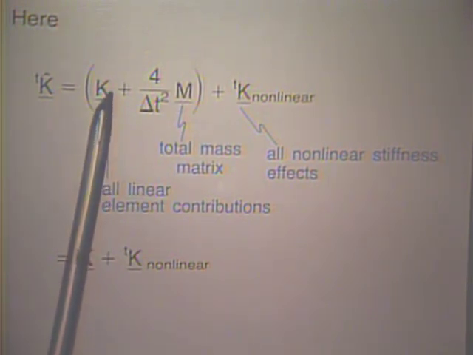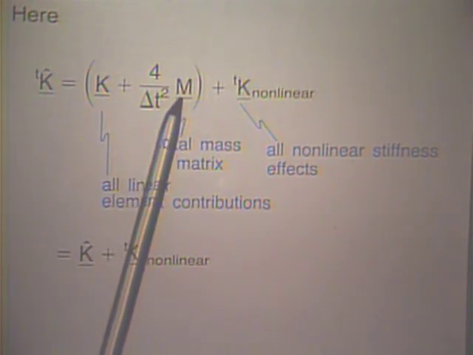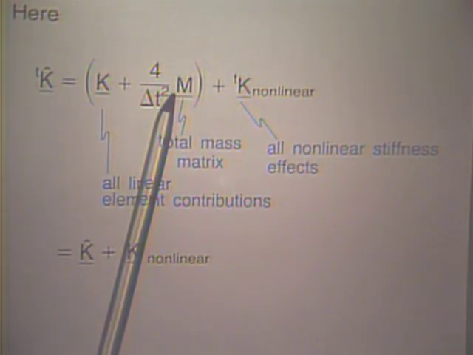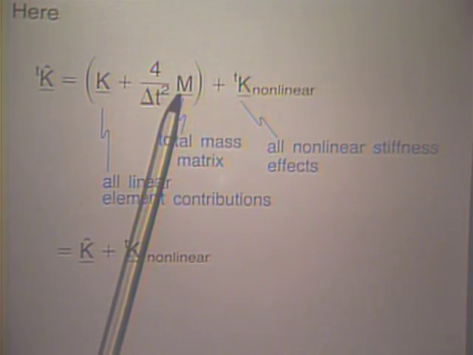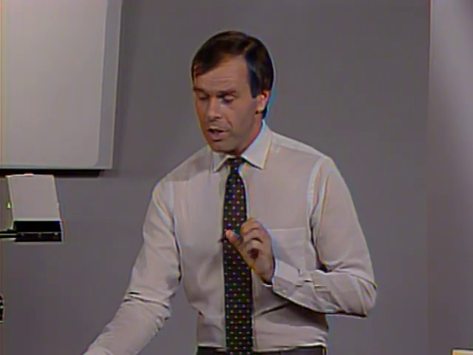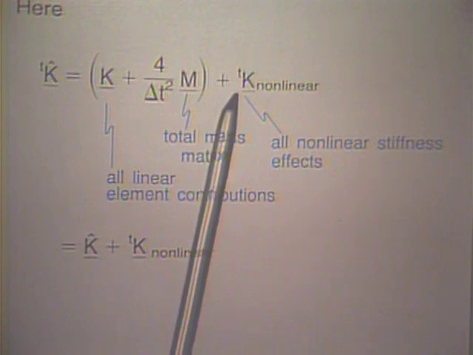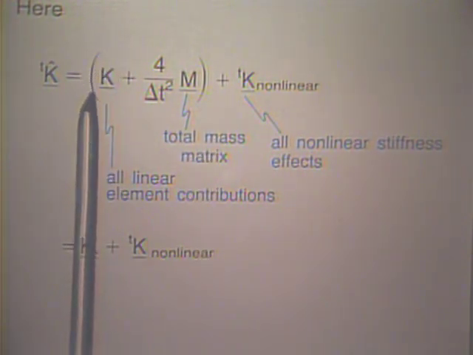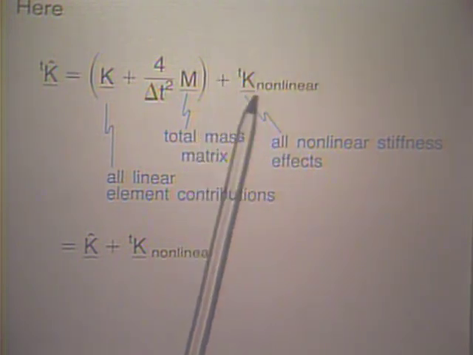I should point out here that this K matrix contains all the linear contributions, whereas that M matrix corresponds to all the contributions from the masses at the master degrees of freedom and the substructure degrees of freedom. Because we are assuming here that the total mass matrix is linear, we can put all the mass effects right in there. And then, since this is not the total effect of stiffness, we add the effect of the nonlinear element stiffnesses right here.